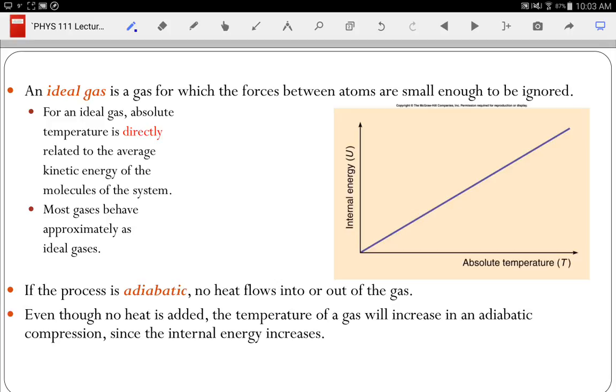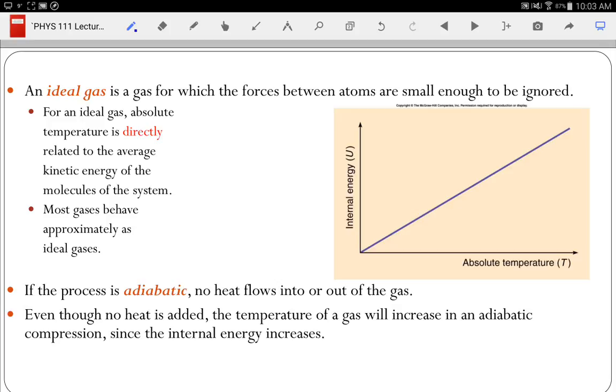Another thing that's ideal is if the molecules are so small that they don't interact with each other at all. If two molecules come by, they're small, no forces between them. Those are the two things that we want for something to be ideal.